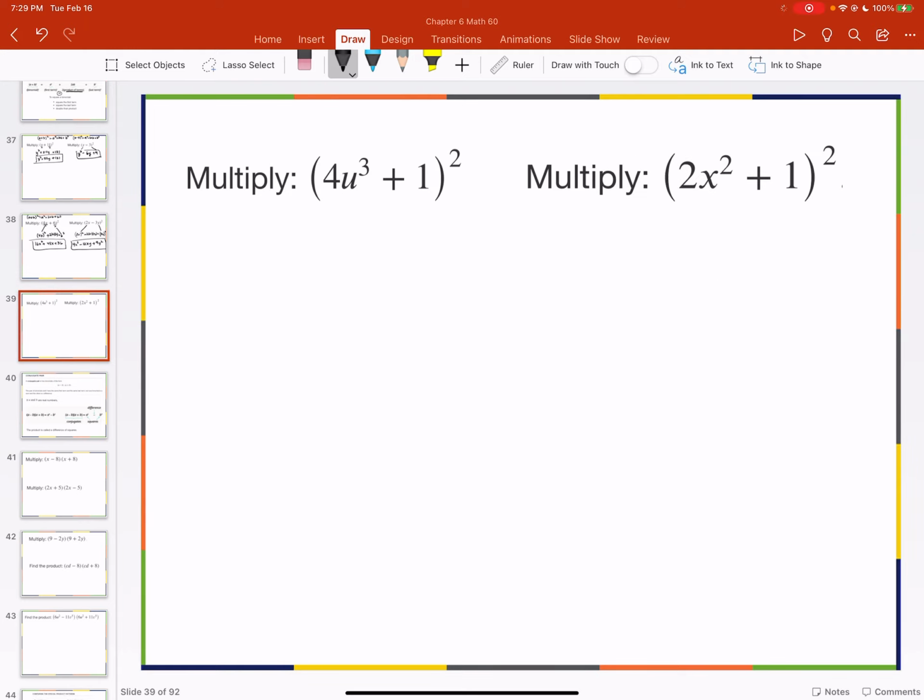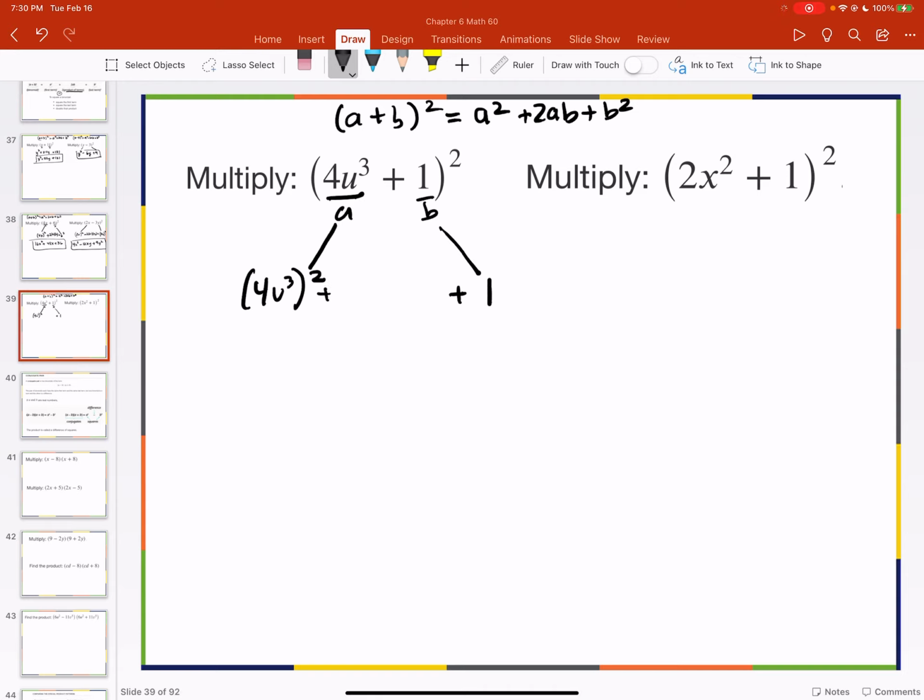Okay, so again, any binomial sum squared is going to be: square the first, you square the last, and you add twice the product of the middle terms. So again, if this is a and this is b, so this would be 4u cubed, that's your a, squared, plus the last one squared, that's just 1.